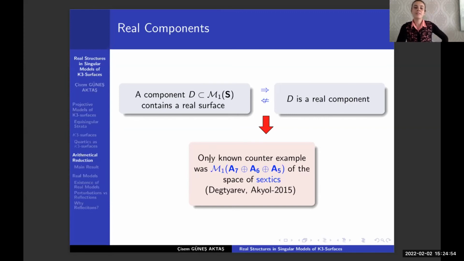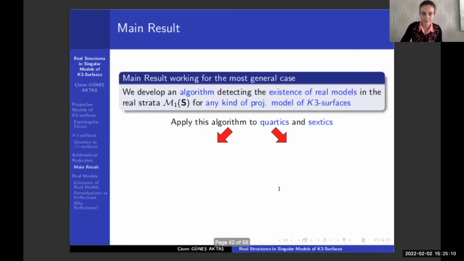Up to our work, this was the only example of a real component without any real surfaces. This example was given by Alex Degtyarev and Ayşegül Akyol in 2015.